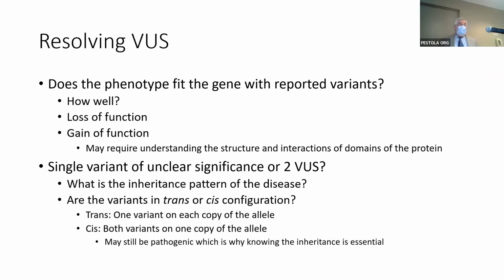It gets to be more fun when you have two VUSs in the same gene. So what's the inheritance pattern? And are the variants, again, in cis or in trans? Makes a big difference. You can have them in cis and each one by themselves not causing much of a problem, but the pair in combination becoming pathogenic.